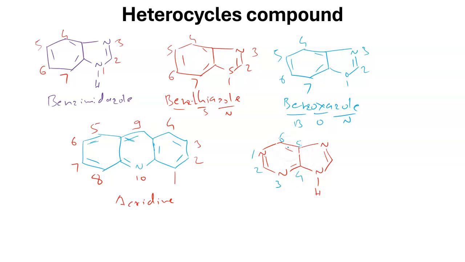Numbering will start again, so it will be 6, here it will be 7, 8 and 9. So this will be the numbering for a purine molecule. It is having a different numbering, as we don't usually consider the bridge carbon while numbering, but in this case numbering is different. You can read on Google why it is having a different numbering.